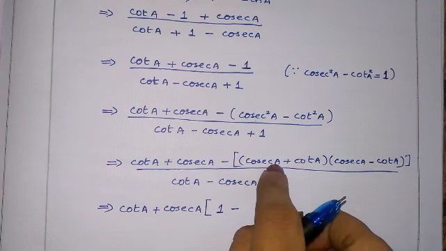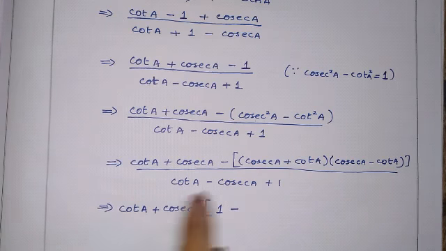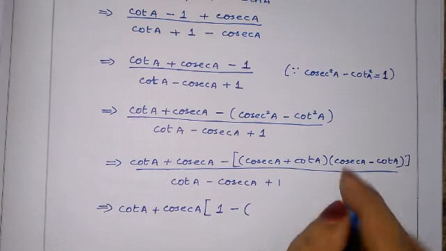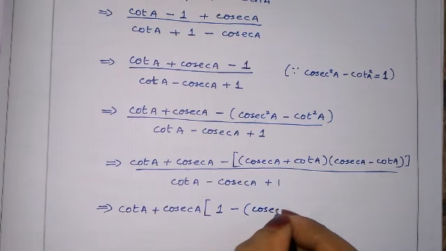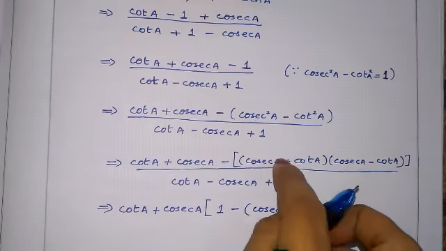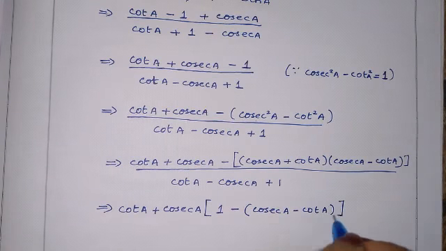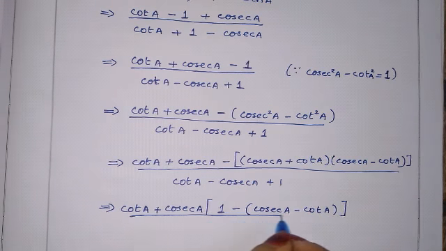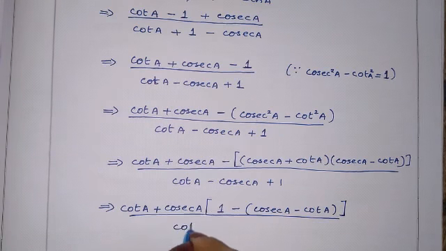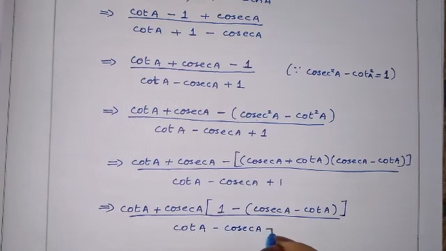Minus, cosec A plus cot A common, what is left is cosec A minus cot A. Plus 1, I have taken common, so only the minus sign 1 is left out, upon the denominator as it is, cot A minus cosec A plus 1.